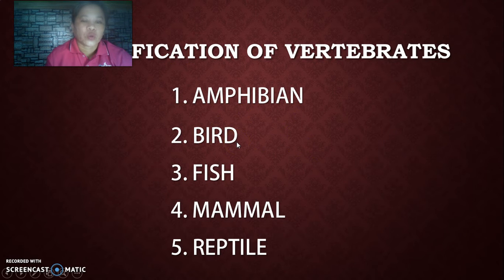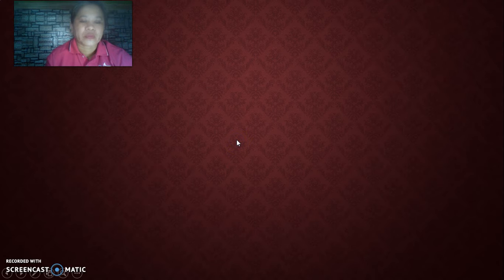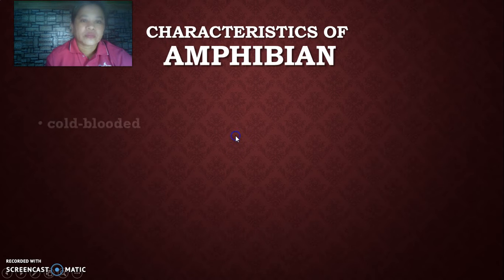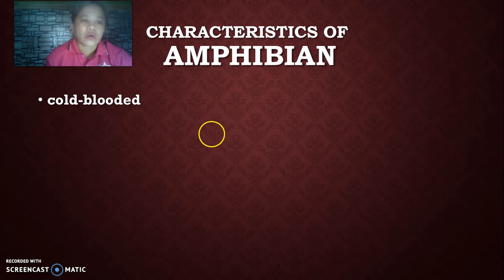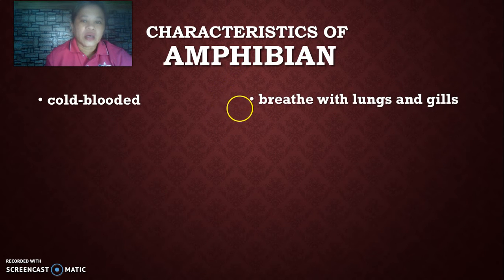Now let's find out the characteristics of amphibians. Amphibians are cold-blooded animals. They breathe with lungs and gills, and they also lay eggs, but their eggs are not covered with shell.